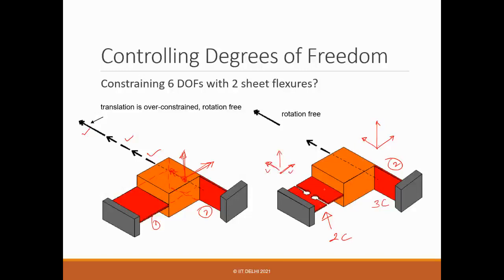The rotational constraint will be free. So what you will also observe is that the nature of constraint will change as you move the point of observation. So if you are observing from different points, the rotation may become a translation, or translation may become a rotational constraint, and vice versa. So I think that this will be clear to you.